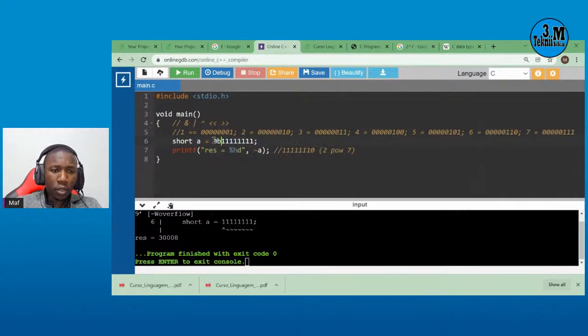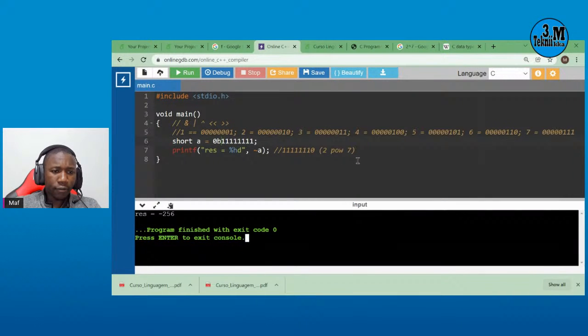With 0b you have positive, and this you have negative. This is the negation, and that's not fine to me, because I want the negation of each bit.